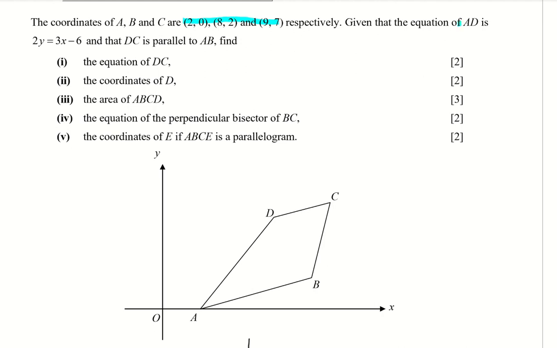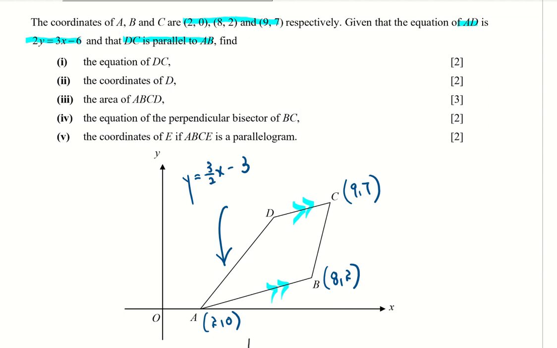Likewise, the equation of AD, I would like to rewrite in the form y equals mx plus c. And last but not least, since DC is parallel to AB, I make sure I put my arrow to know that I can make use of this fact later. So once all the useful information is in my diagram, I can start solving.